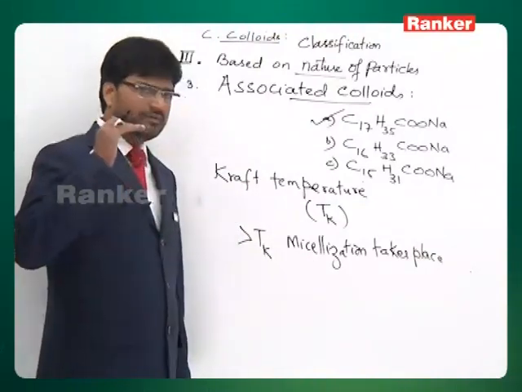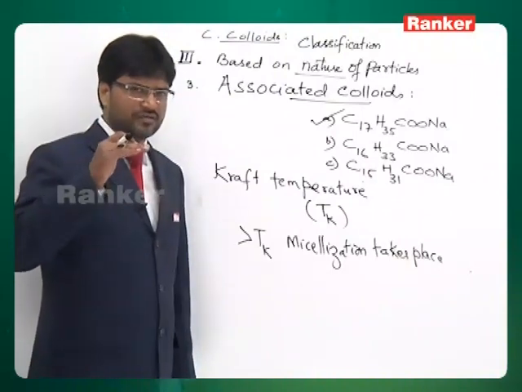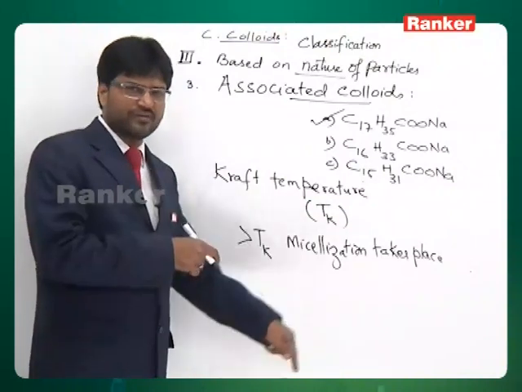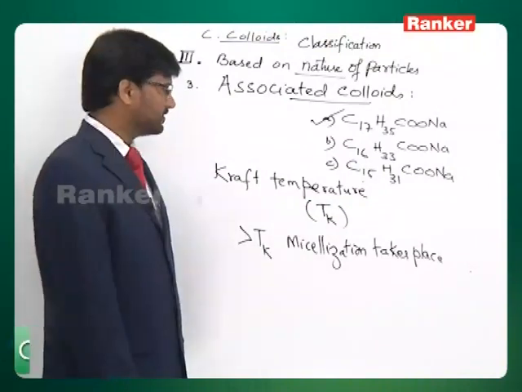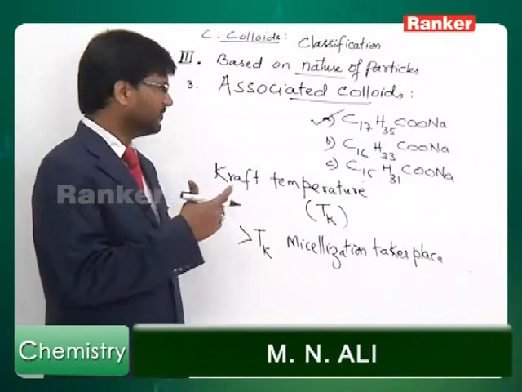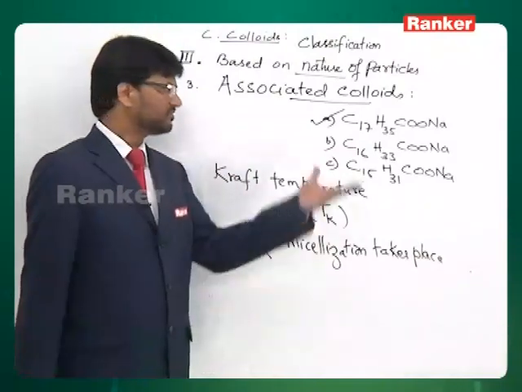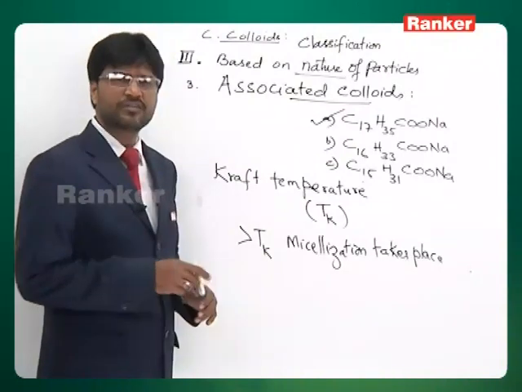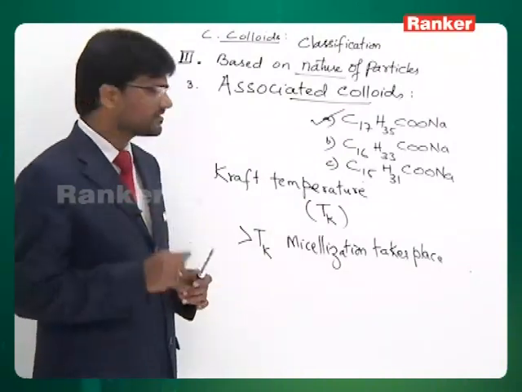Kraft temperature is the minimum temperature at which micellization can take place. Below Kraft temperature, micellization does not take place. This temperature is characteristic for different types of soaps and detergents.